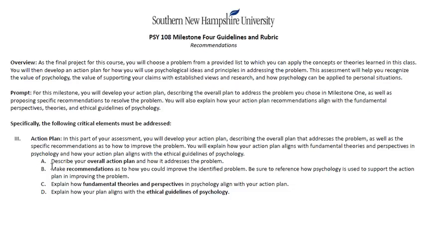You want to be sure here that you integrate the psychological theories that you discussed in Milestone 3. It's not enough to just discuss the action plan. It should be grounded, rooted in the psychological theories and the perspectives, as you see here with C.